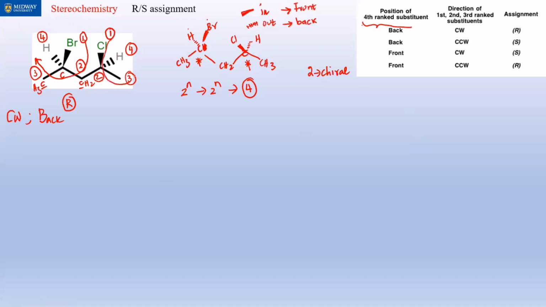Now we connect the 1, 2, and 3. That becomes counterclockwise, and H is still in the back position. The lowest priority is in the back. Counterclockwise back is S. So this carbon is R and that is S. We always write left to right, okay? That's left to right.